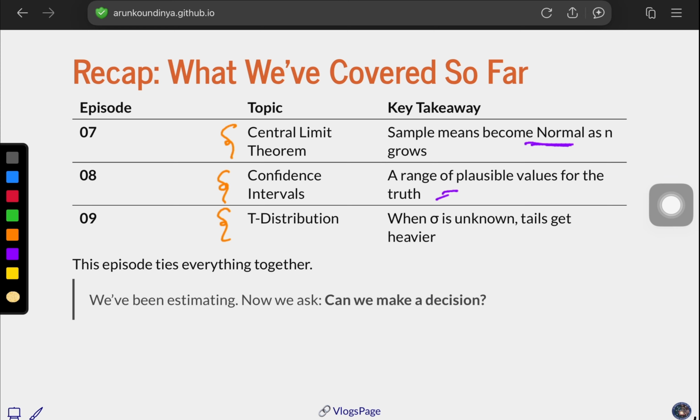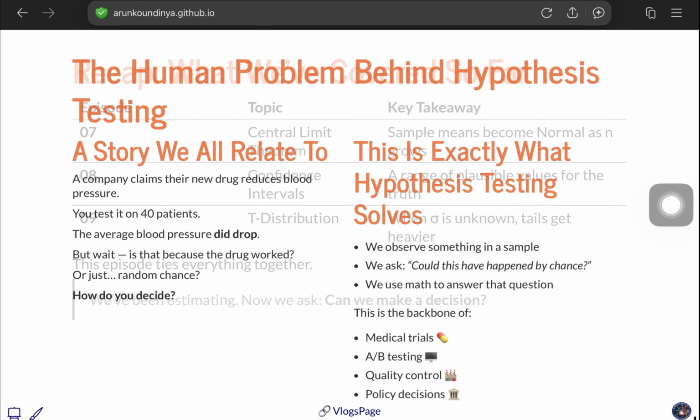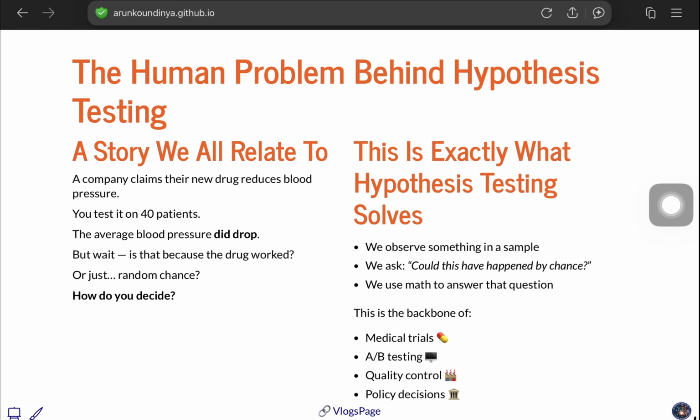Let's extend these fundamentals into one more topic, which is especially applicable in the most used concept of A/B testing. Now let's jump into today's episode topic, which is hypothesis testing.